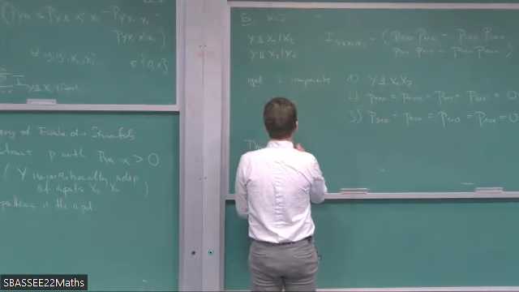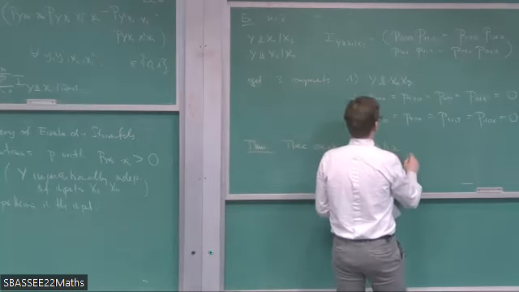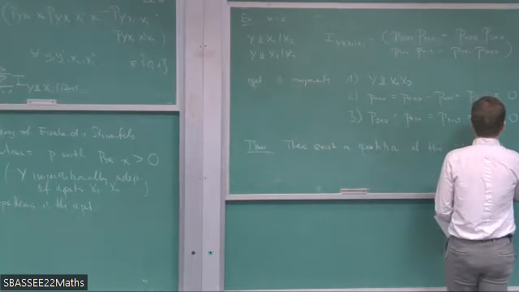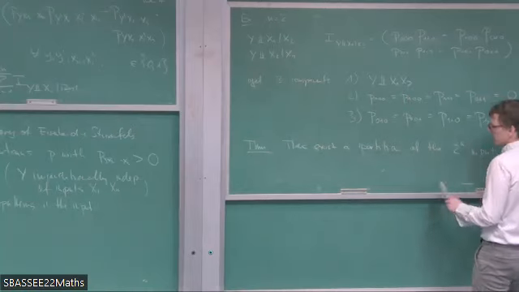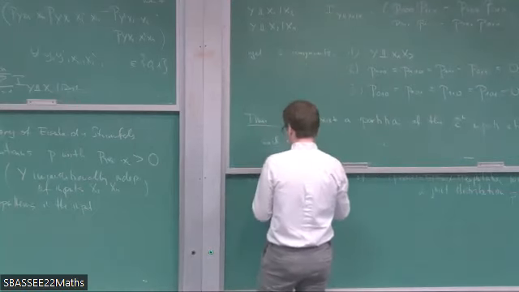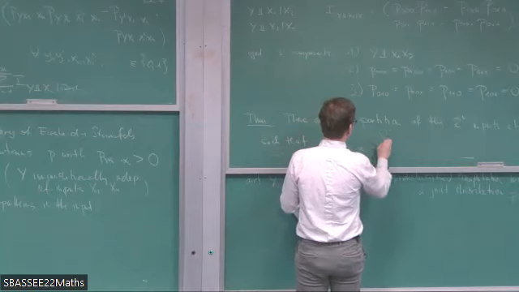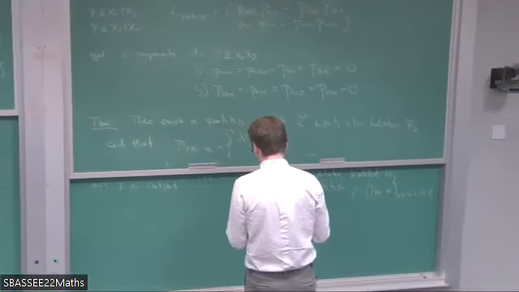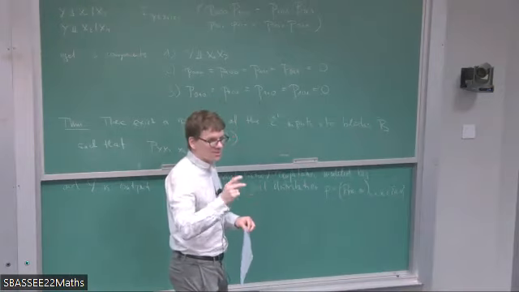So there always exists a partition of the 2 to the n inputs into blocks B, such that P has the following form: P of y, x1 to xn is a probability of being in that block, and then a conditional probability of the output that only depends on which block you're in, and not on the particular input in the block.